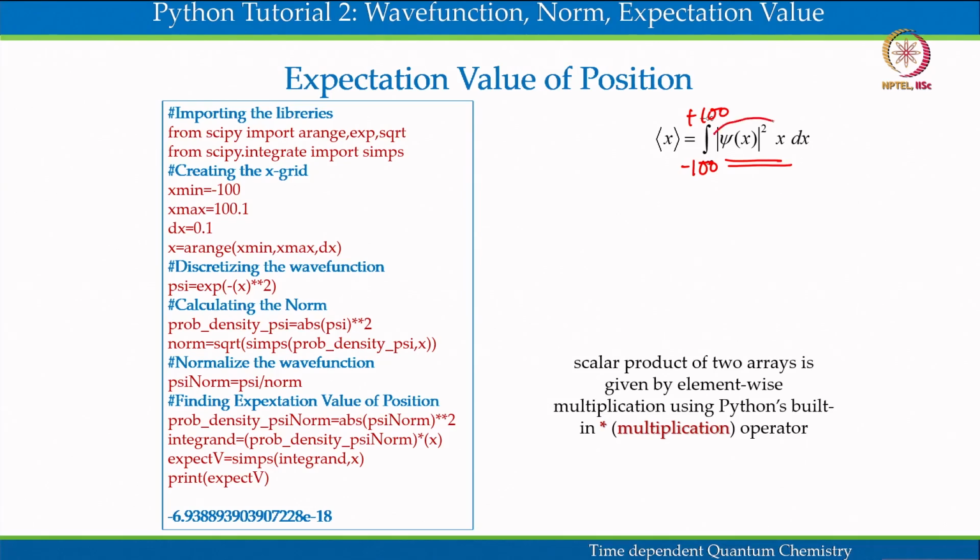This entire part is going to be y. In the Simpson rule I have to specify y, and y is going to be this part, and x is the x grid. Over the x grid it will be sampling the y values and then integrating it.